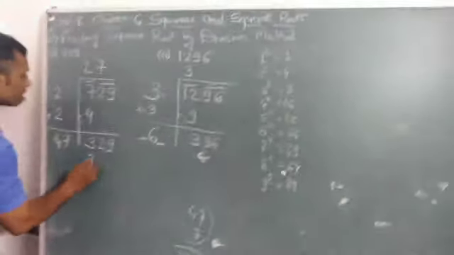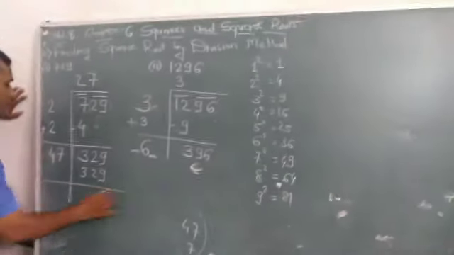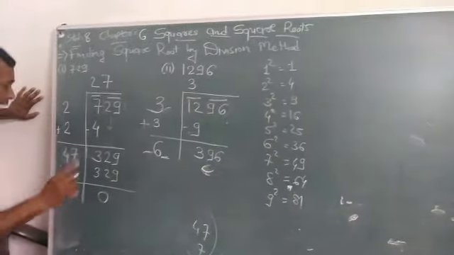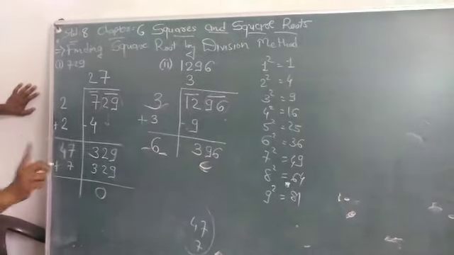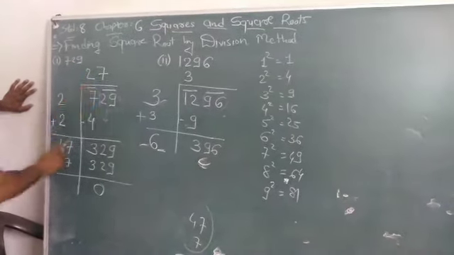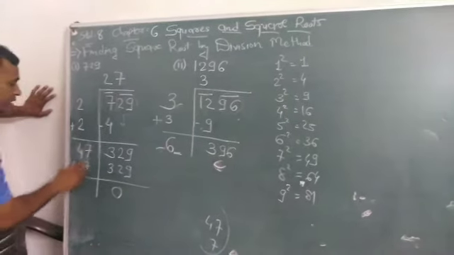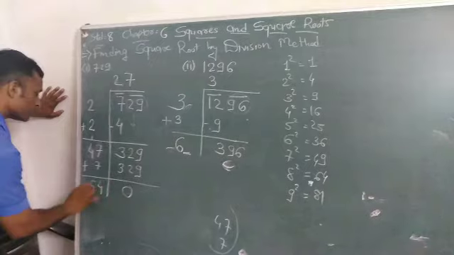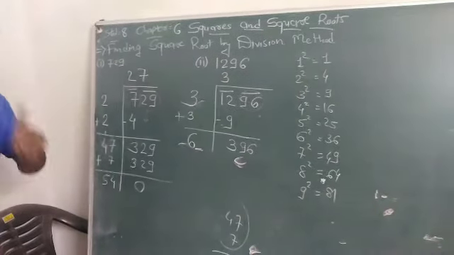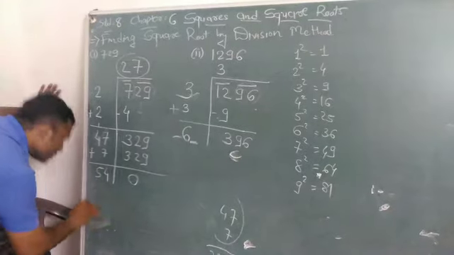Okay. So now your number is 47. 7 47s are 329. Okay, you got 0 and add 7. Here you can multiply 47. 7 47s are 329 and after that 47 plus 7 is 54, and this is your answer.